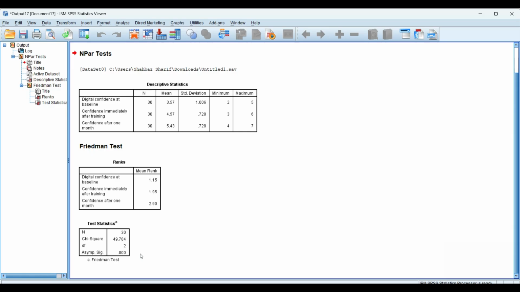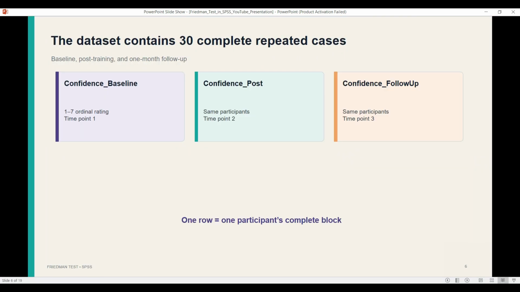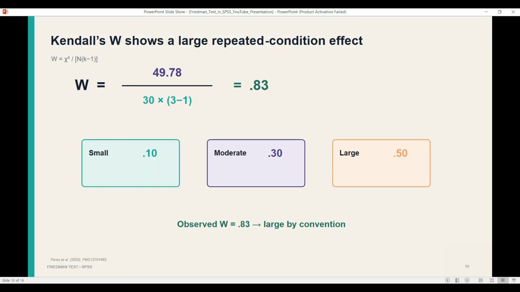After the Friedman test, we calculate Kendall W to check the effect size. So we go to our presentation and see how to calculate Kendall W. Basically, Kendall W is calculated from the chi-square value.